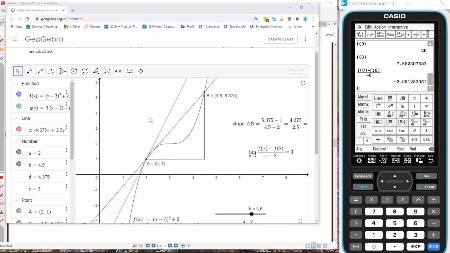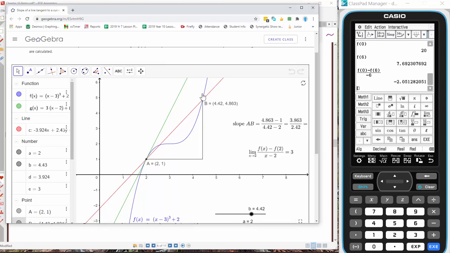The green line is the tangent to the curve, and the red line is the secant, going through point A and point B. If I bring point B closer to point A, we'll get a line that is the same as this tangent line. The tangent line runs along here, nicks the function, and keeps going. At this point the tangent line has the same gradient as the curve.